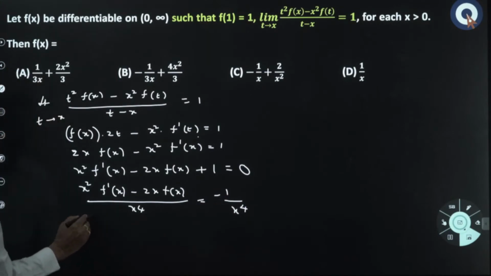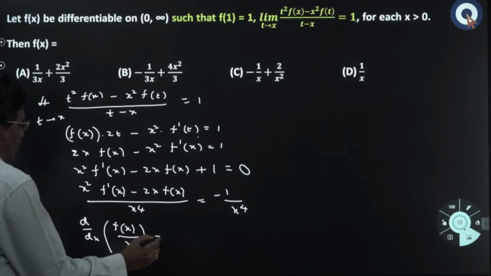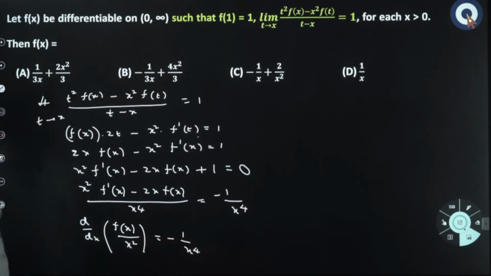So this is the differential coefficient of f(x) by x square, is equal to minus 1 by x power 4. So therefore what happens? Option A comes correct. We have f of 1 is equal to 1. So therefore option A comes correct, right? Yes.